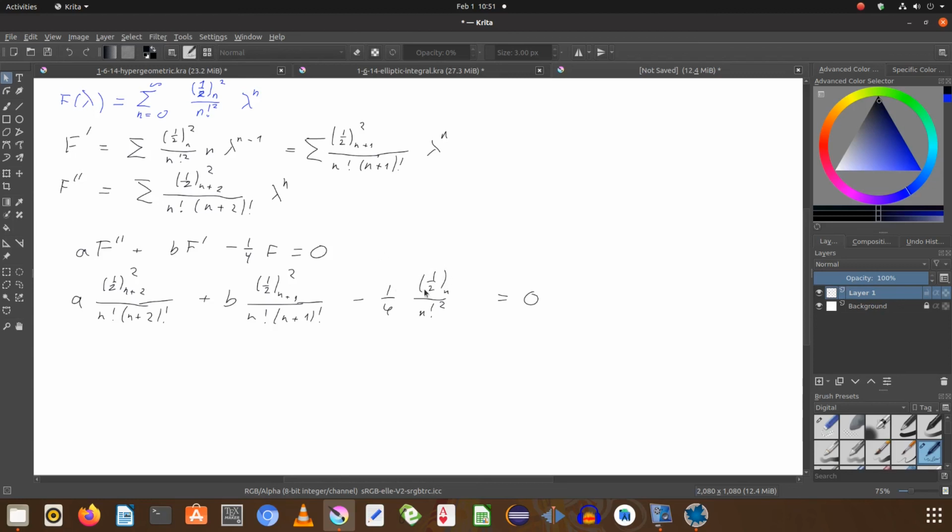So we divide by this symbol and multiply by n factorial and n plus 2 factorial. So this gives 1/2 plus n plus 1 times 1/2 plus n.